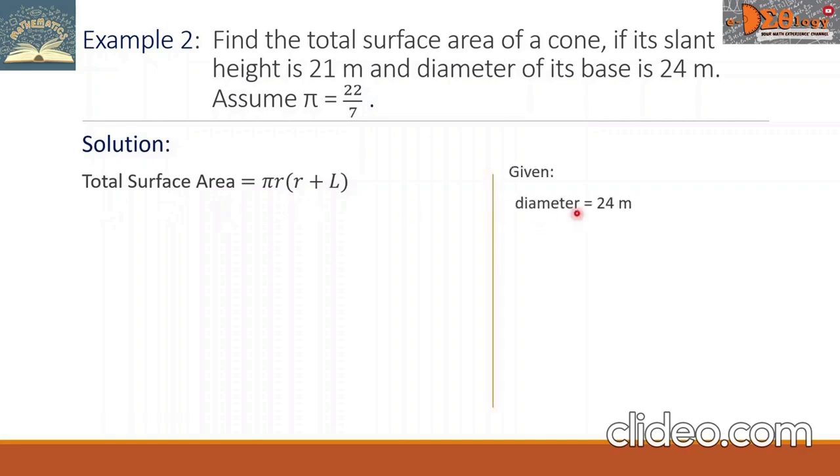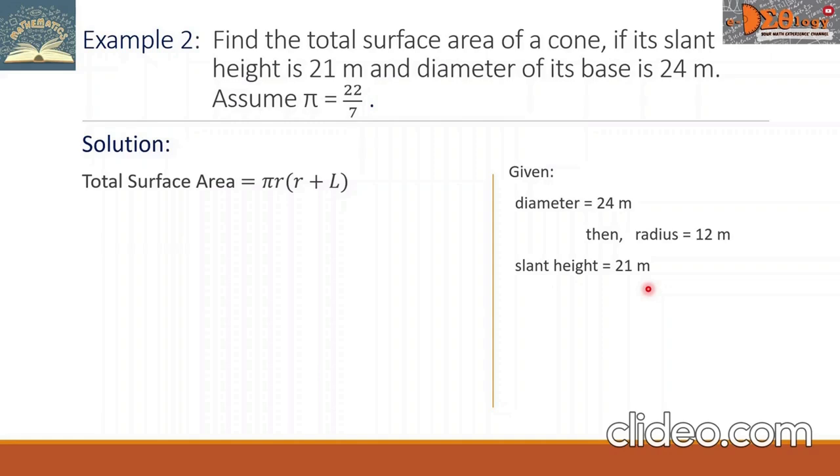Let us write the given starting with diameter equals 24 meters. In our formula, we need a radius. So we divide this by 2, thus the radius equals 12 meters. Another given is the slant height, that is 21 meters.